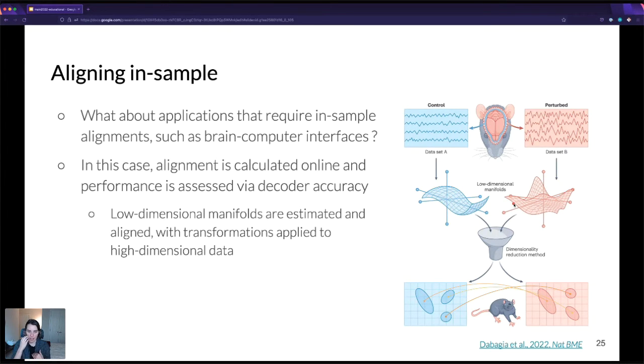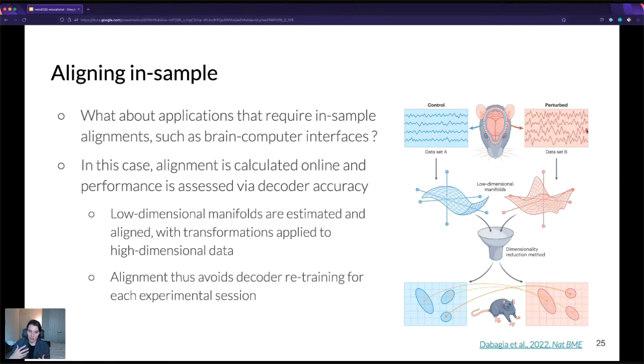So again, this latent factor alignment, we're going to align it, and then we're going to take those transformations and apply them back out to our high-dimensional sensor or implant data. What's really cool about this is that, talking to people who do a lot of BCI work here at Stanford, they'll talk about how every session where they have a participant, they have to have a recalibration session at the start.